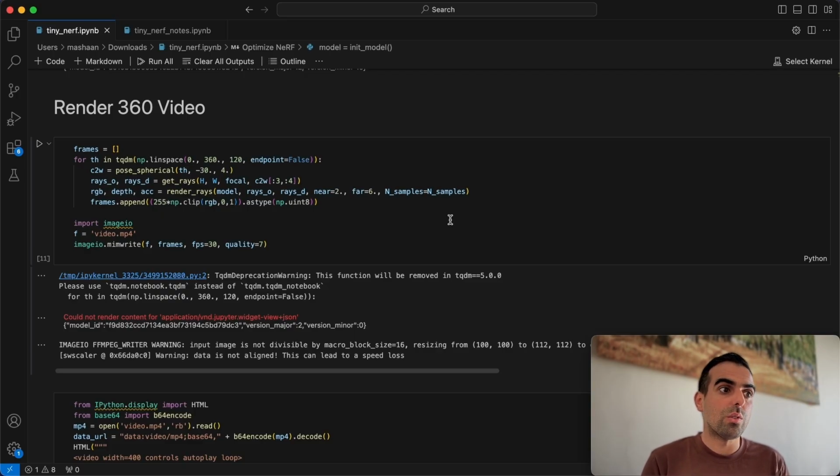Either you're improving NeRF by accelerating it, or you're scaling NeRF to new scenes, larger scenes, or scenes with more details. Or basically you're following a different technique.